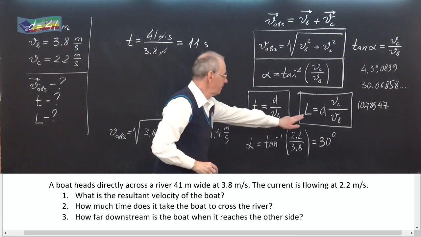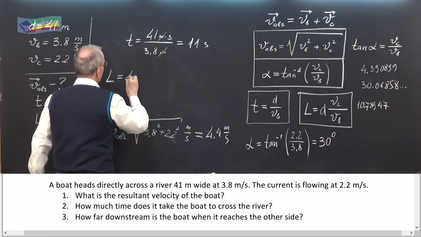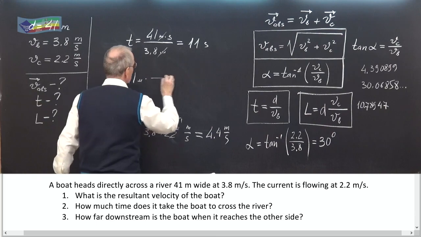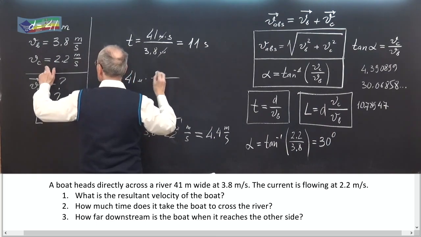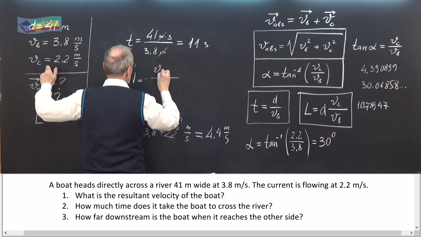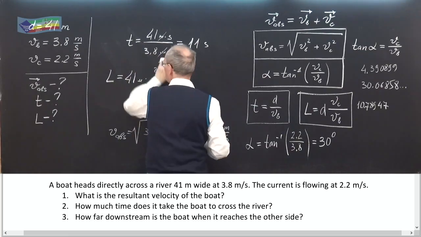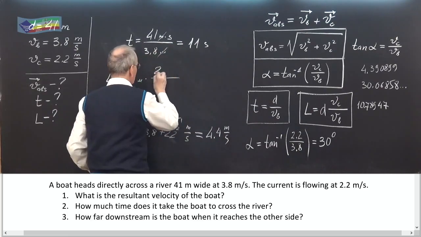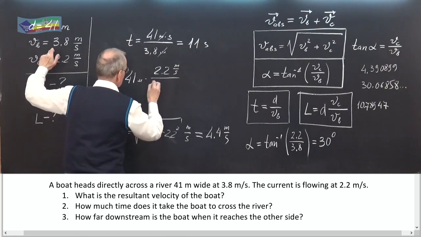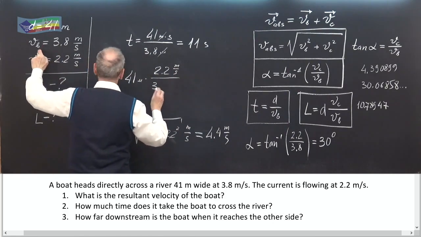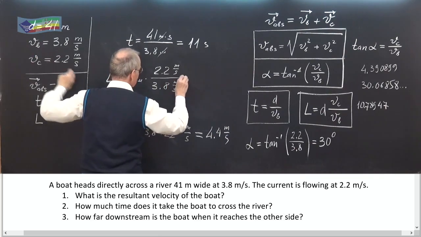And at last, downstream shift equals 41 meters times VC, speed of current, 2.2 meters per second, over speed of the boat, 3.8 meters per second.